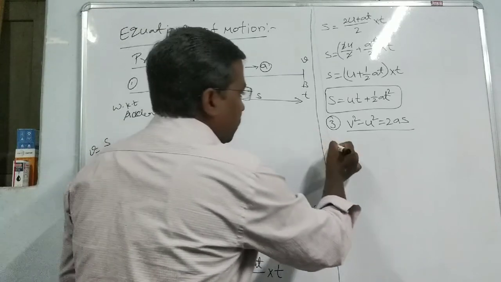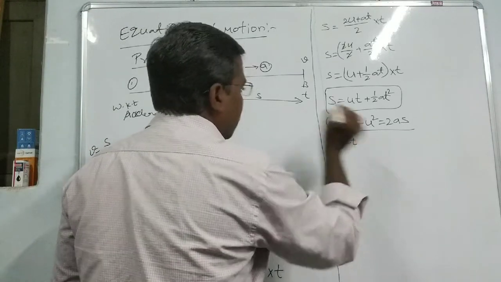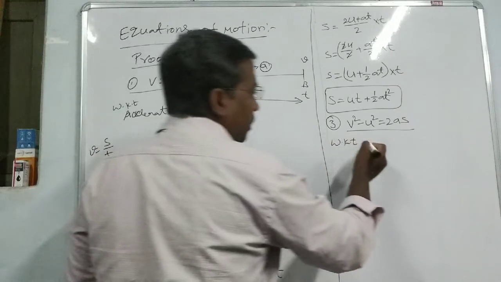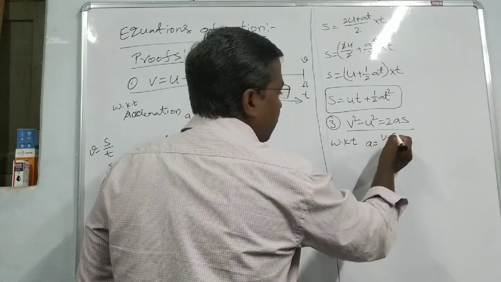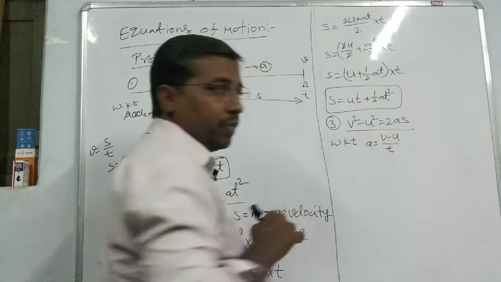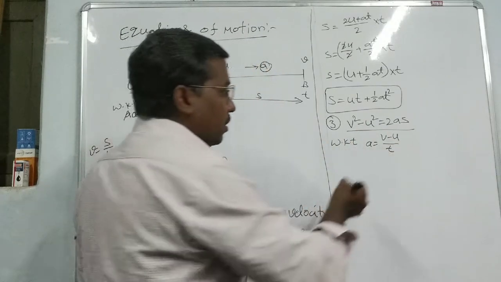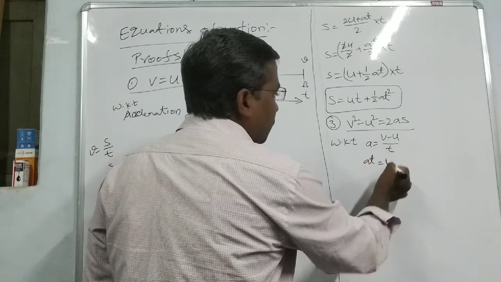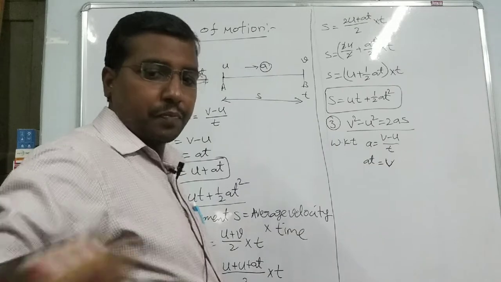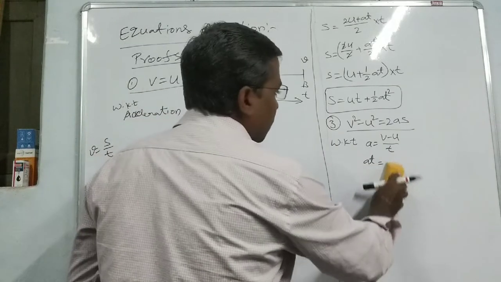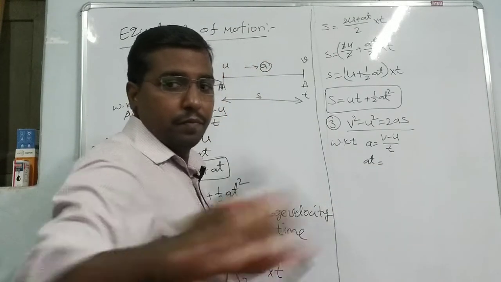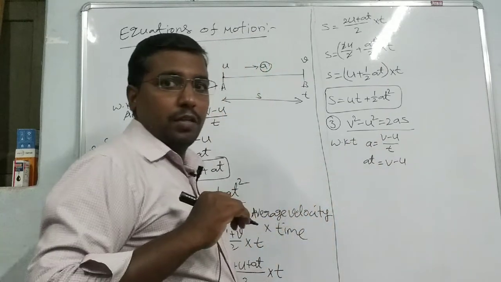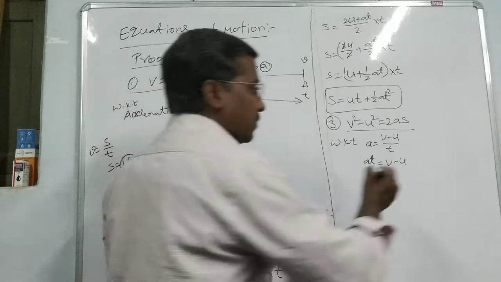We know that acceleration a equal to v minus u by t. Now by cross multiplication, at equal to v minus u. This is the first equation.